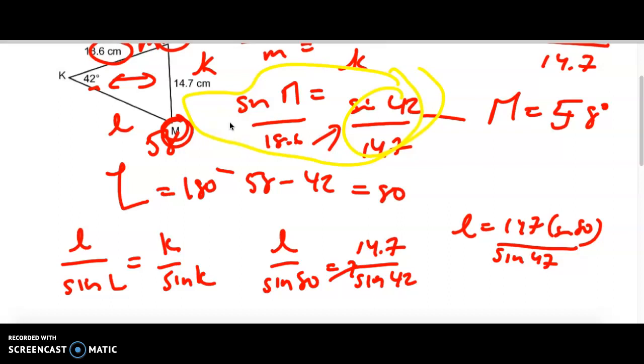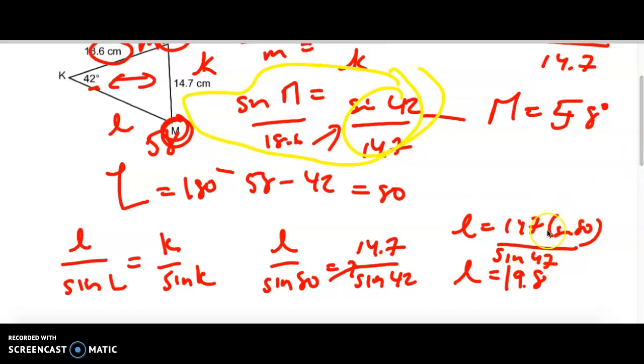I just hit 80 sine, and then I hit 42 sine. And then when I throw that in my calculator, I get the answer right away. And it's just 19.8-ish. Again, depending on where you round or when you round, you can be up or down a little bit, and don't worry about it, okay? You can be up a degree or up a tenth of a centimeter or down.